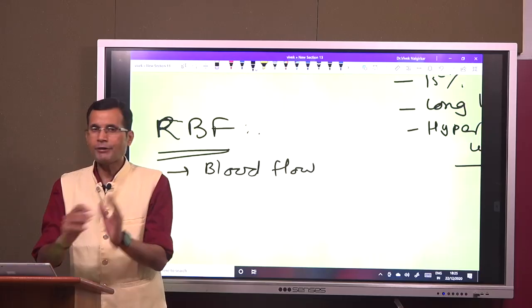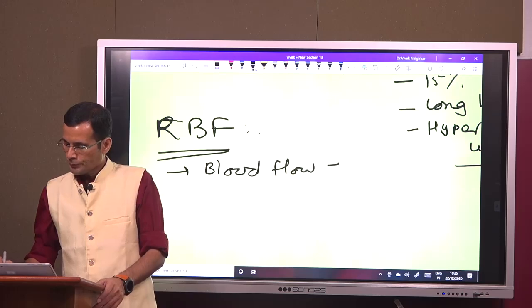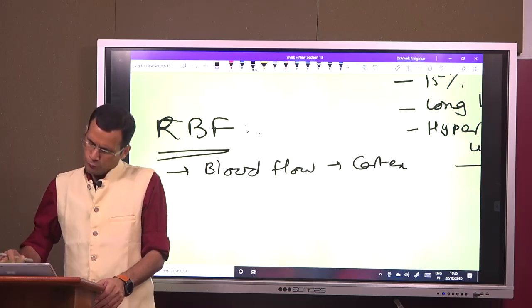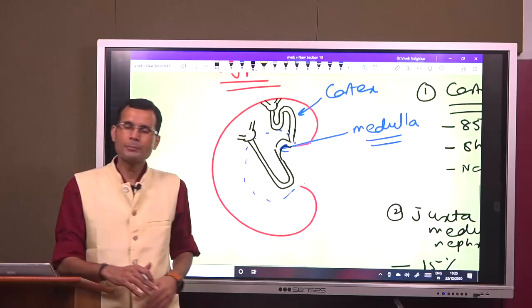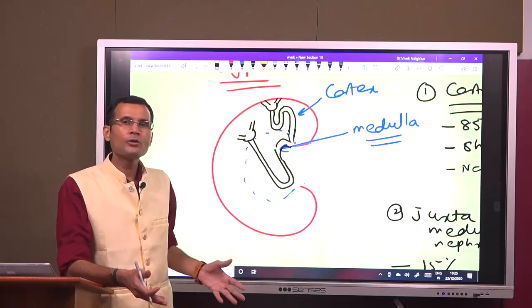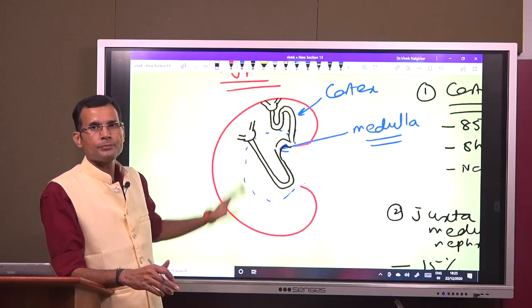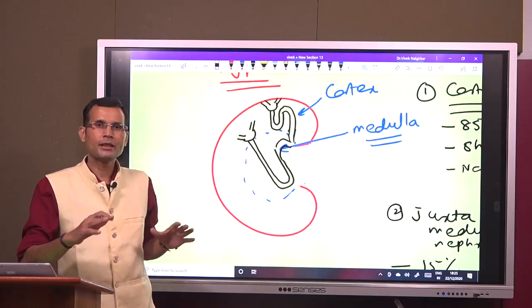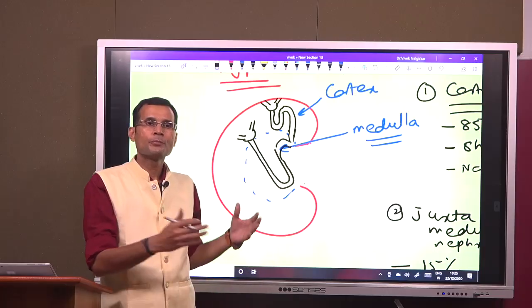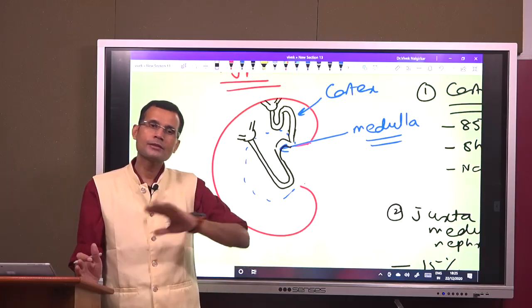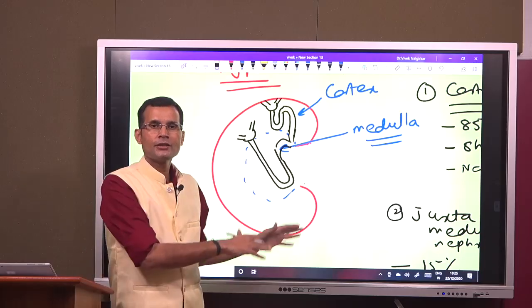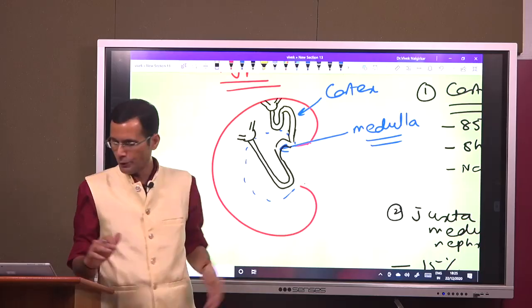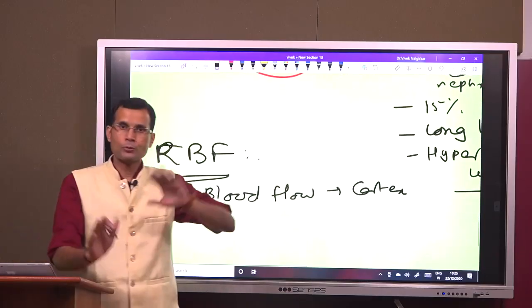The majority fraction goes to the cortex, which is quite easy to understand because all the glomeruli are situated in the cortex. So logically speaking, the greatest fraction of blood flow is in the cortex and a small fraction in the medulla, the blood flow comparison.